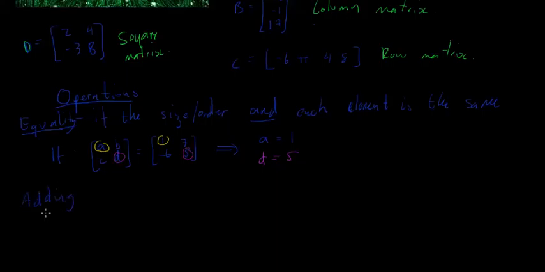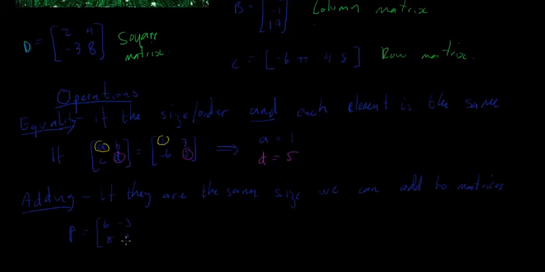The next thing we can do is look at adding matrices, right? We can add matrices if they are the same size. So an example might be we had matrix P, and it was 6, -3, 8, and 2. And we had matrix Q. It needs to be the same size for us to add it.